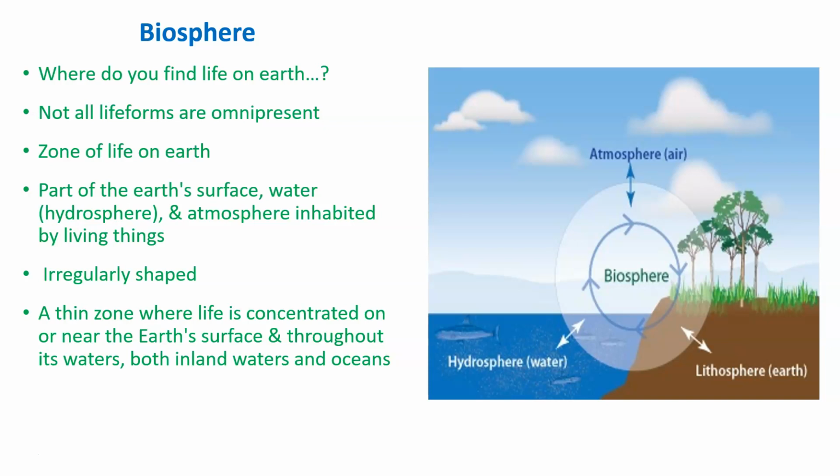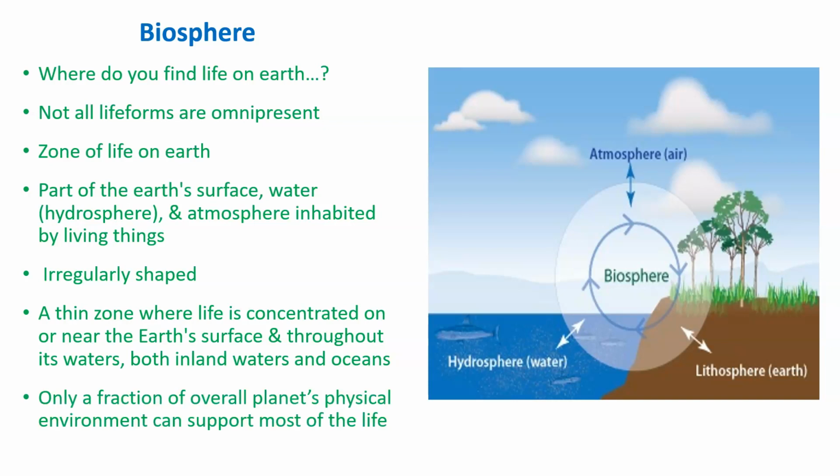This includes Earth's crust, the top of the surface, and most of the forms of water, inland waters and the oceans. Only a fraction of the overall planet's physical environment can support life, so most of the life is found within a smaller fraction of the physical environment of the planet Earth.